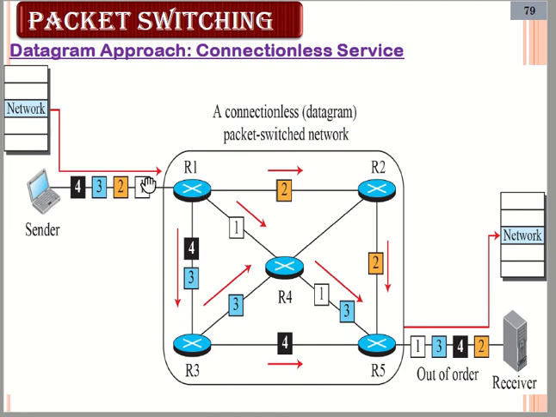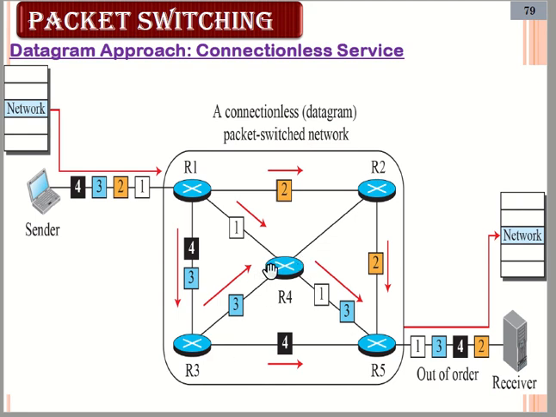In the case of frame 1, since this interface is free, through this particular channel it will forward it to router R4. At router R4, once again it has 3 outgoing ports. You can see this is to R2, this is to R3, and this is to R4.